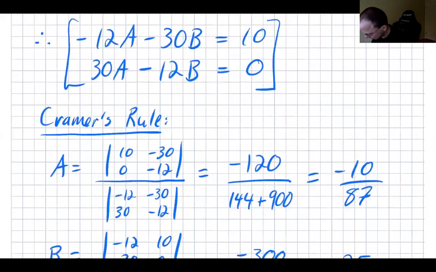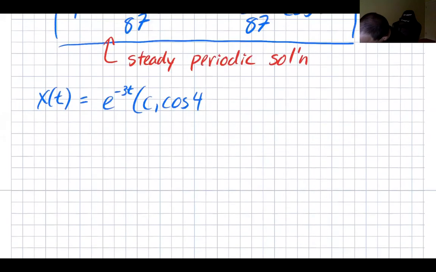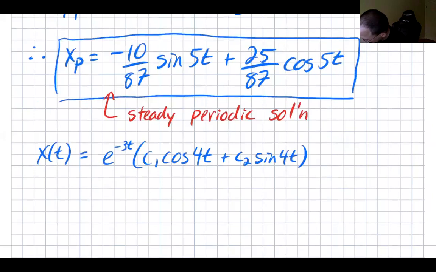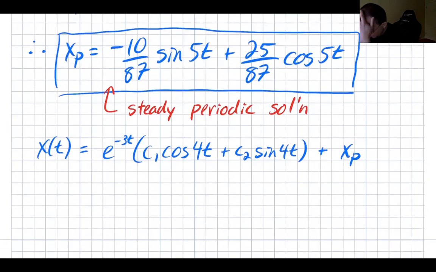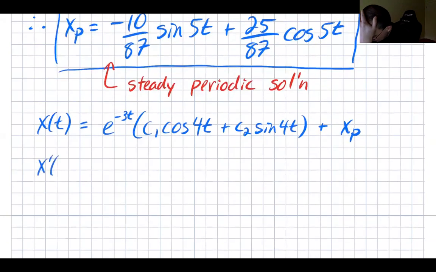Okay. 4t plus c2 sine 4t as well. And then we have this, I'm just going to write xp here. Okay, and I'll take the derivative. So I need to do a product rule here.